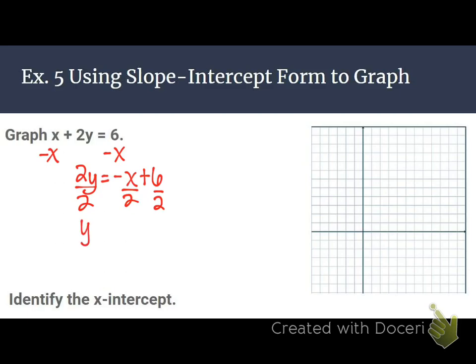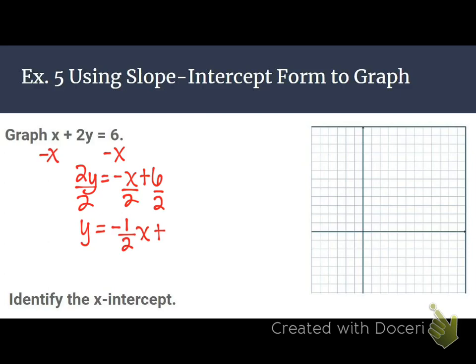Okay, so now we have y equals. What number could I put in front of the x? Nope, a 1 could go right in front of it. So this would be negative 1 over 2x. You can put the x right by the negative 1, or you can put it a little off to the side of the fraction.